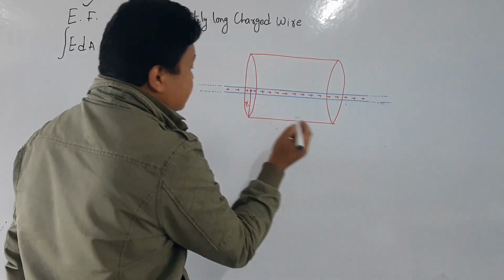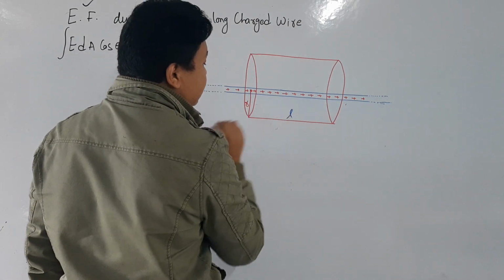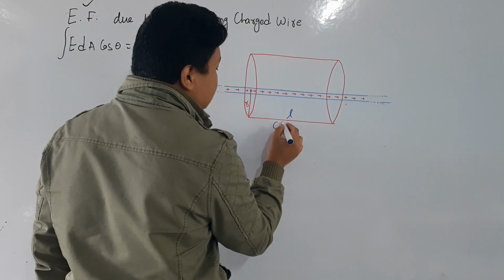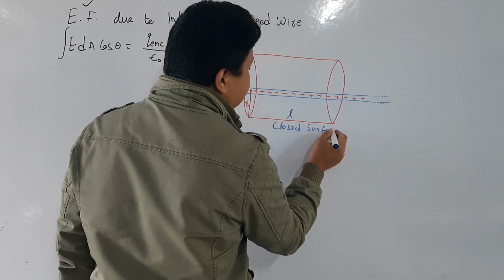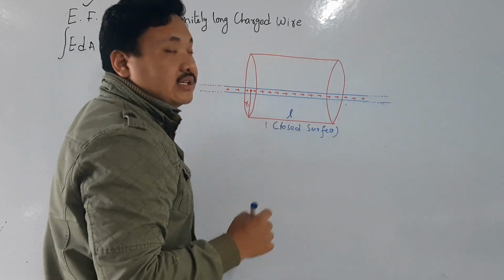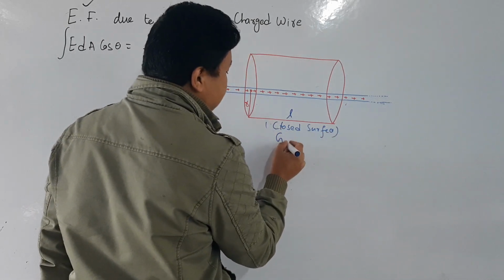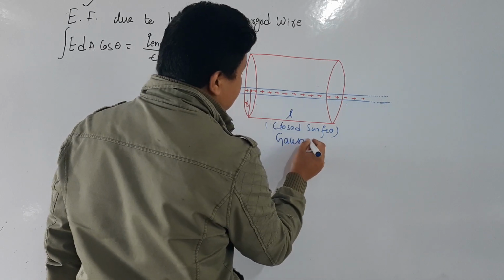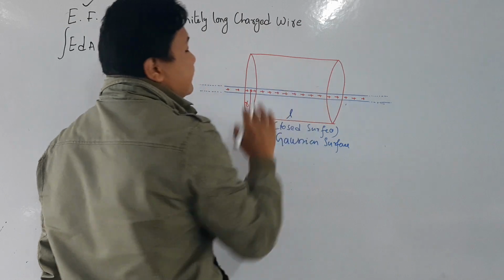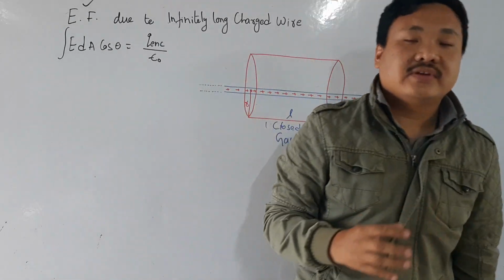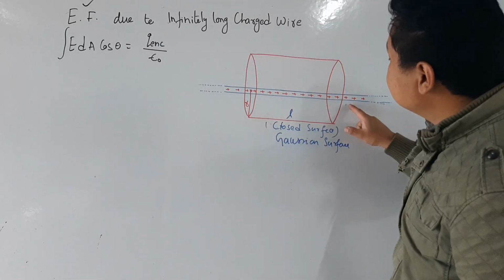It has length l. This closed surface is called the Gaussian surface, and it is enclosing this wire.